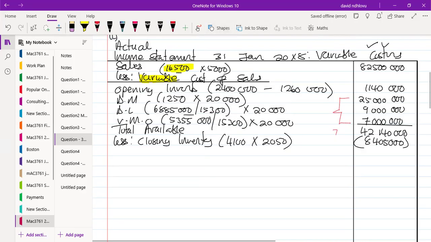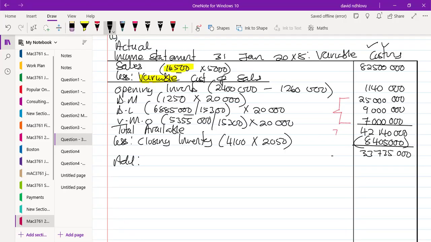Right, then we calculate going downwards. So we are going to get a figure here of 33,735,000. Right, we don't normally have a name for that. And then we add any other variable cost that we have.